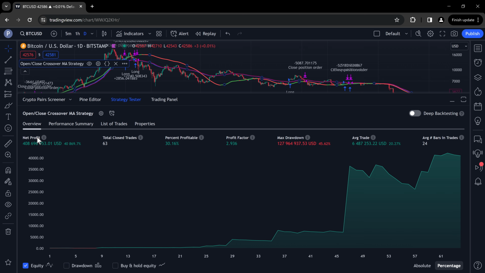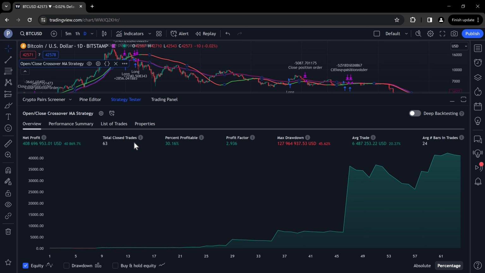So first we have net profit. It is the overall net profit or loss achieved by the strategy. The higher this value, the better the strategy performs. Net profit, as you see, we have in the current currency, US dollars, and as a percentage as well.